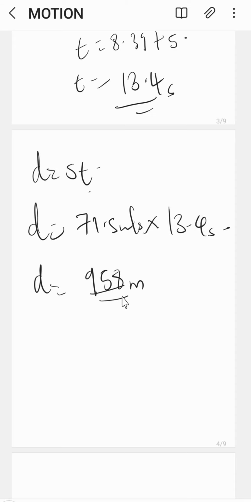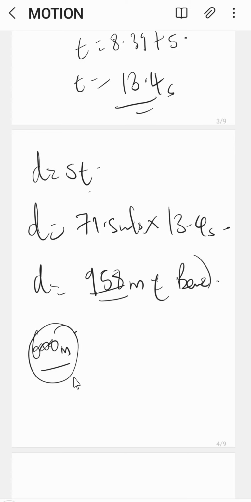So this distance is for the Mercedes Benz. Where is the Thunderbird now? The Thunderbird is at 600 meters. We found that earlier. So we say 958 minus 600 meters.